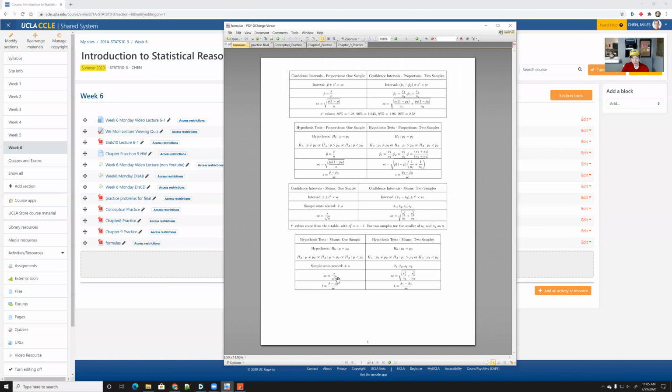So anyway, this is a formula sheet. Article questions will also be on there, multiple choice.